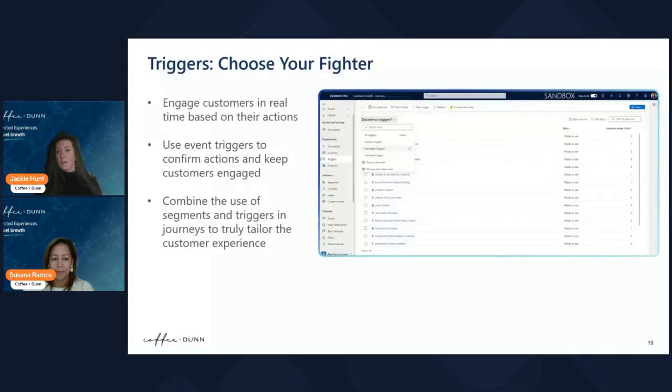A few good examples could range from a customer submitting a marketing form, a customer submitting a survey response, or even simply just visiting a page on your website. So event-based triggers are going to be a great way to engage with your customers in real time based on actions that they take that are related to your products and services.